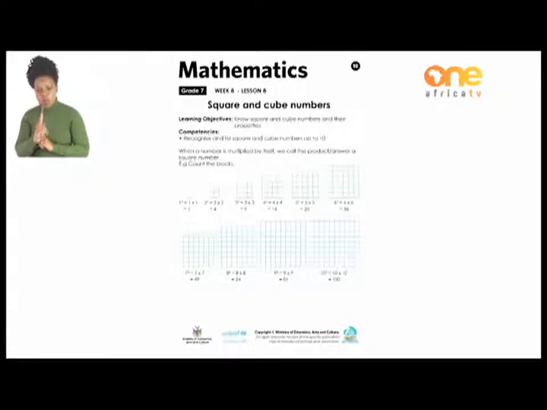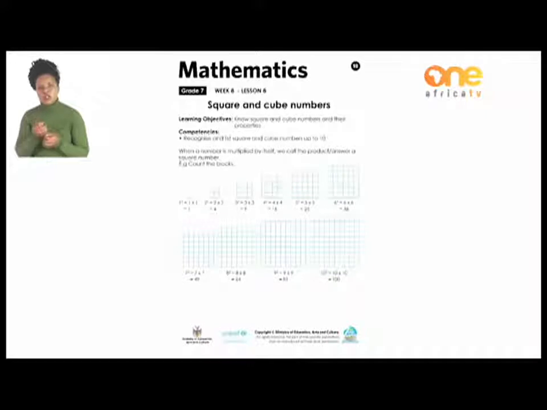The second, we have 4 blocks, and that is 2 squared, so 2 times 2 gives you 4. It goes with 3 squared, 3 times 3 gives you 9, 4 squared, 4 times 4 gives you 16, 5 squared, 5 times 5 gives you 25, 6 squared, which is 6 times 6, gives you 36.